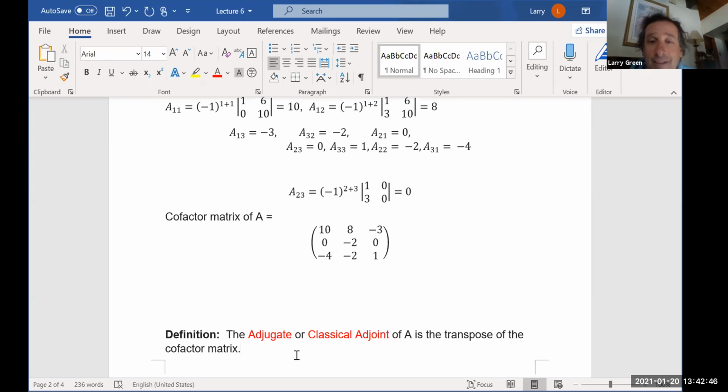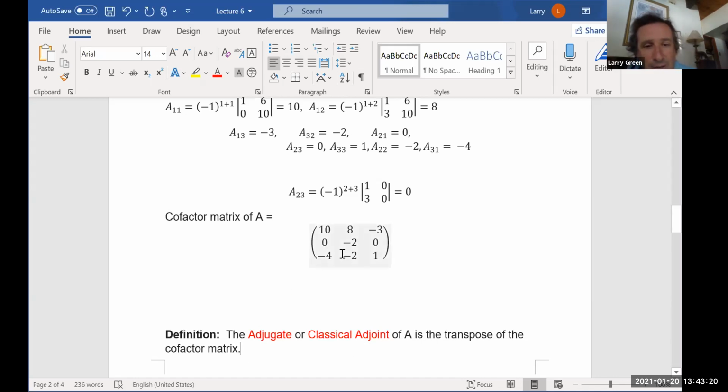So I really had to say, am I reading rows? Am I reading columns? So if I read 10, 8, -3, 0, -2, 0, -4, -2, 1, if all you did is hear me say it, you don't know whether I'm talking about A or A transpose. So if I read it as rows, then I'm talking about this cofactor matrix. And if I read it as columns, then I'm talking about the adjoint.